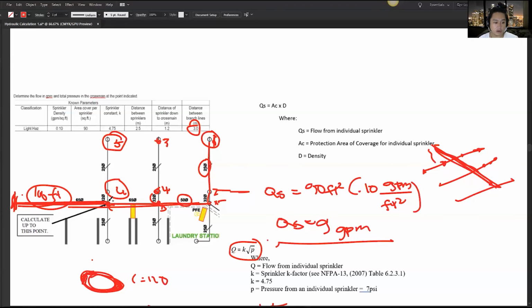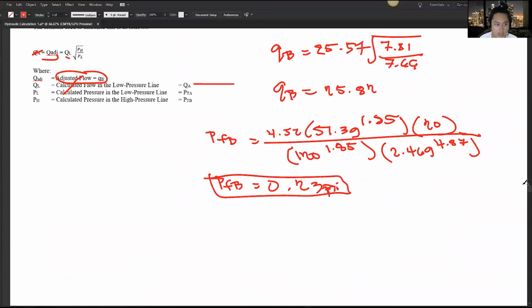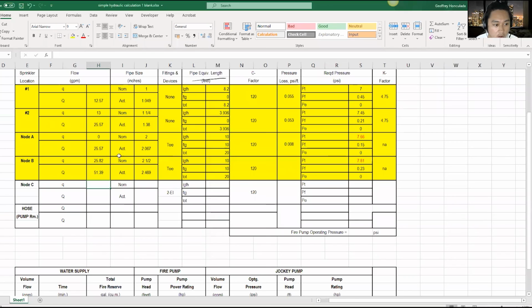Okay, so calculating QC, all you need to do is the flow adjustment. I won't be defining that again, but QC is equal to our low pressure line. Our low pressure line would still be QA, and our Q at node A is this one, or you can also use node B as the low pressure line.